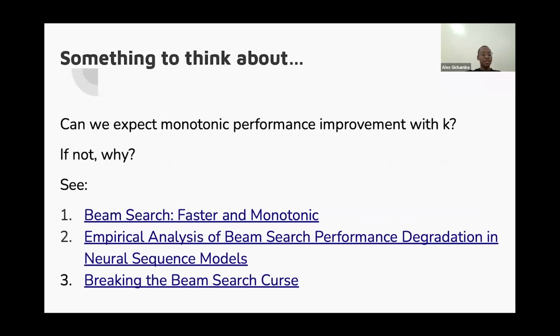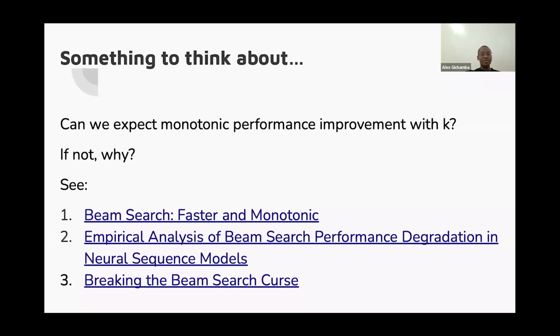I think something to think about is, can we expect monotonic performance as we increase K? Monotonic performance here means using the test metric for the task. For example, if it's speech recognition, maybe it's word error rate or Levenshtein distance. Do we expect performance that either improves or stays the same as we increase K?